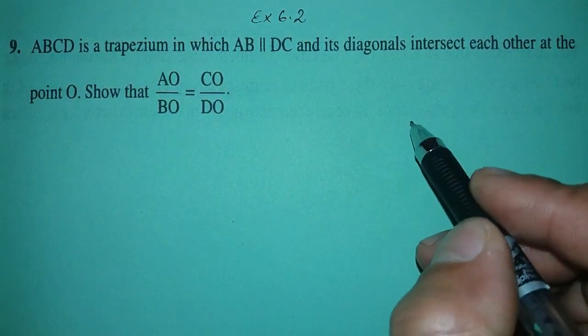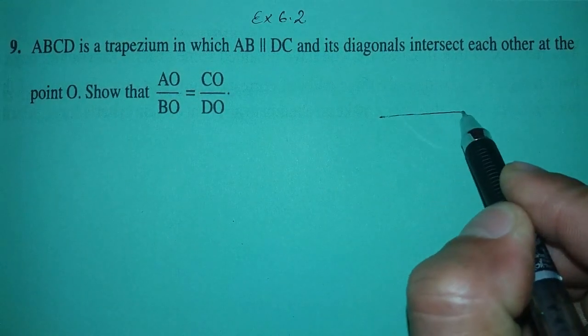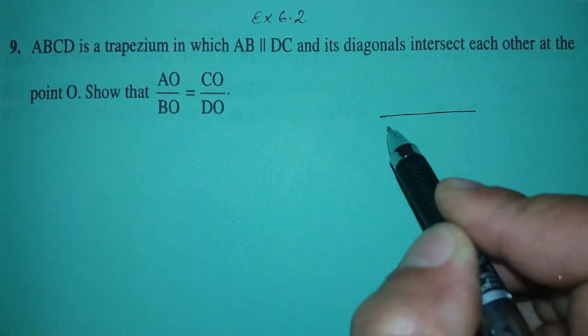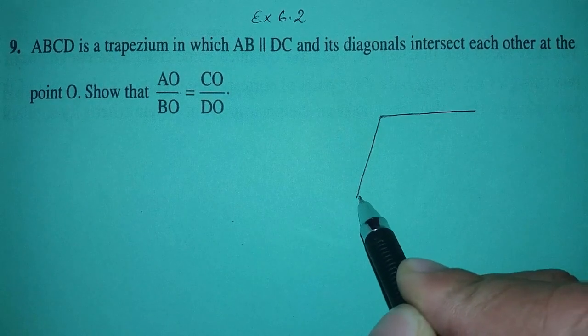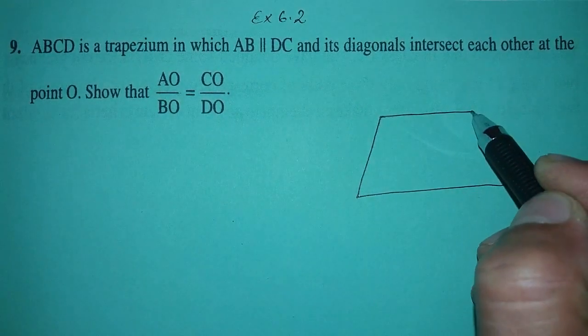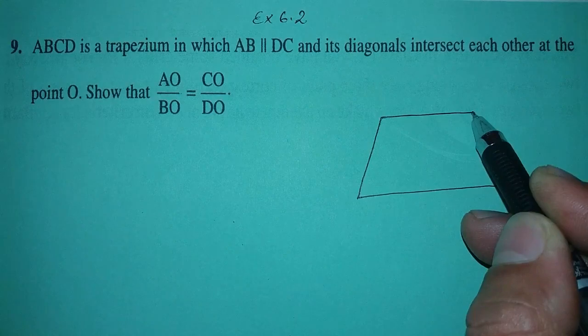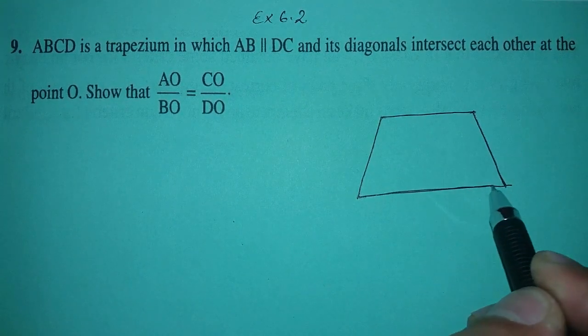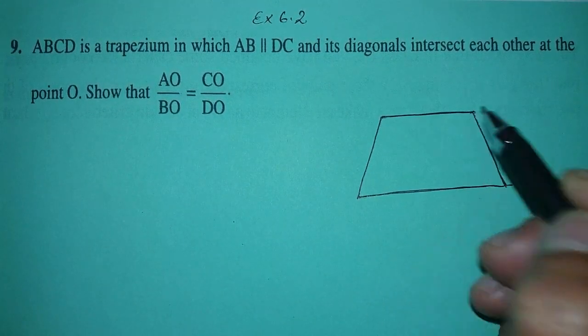Now you know that a trapezium is a quadrilateral in which two of its sides are parallel. Now this is a trapezium, and here this side and this side are parallel.